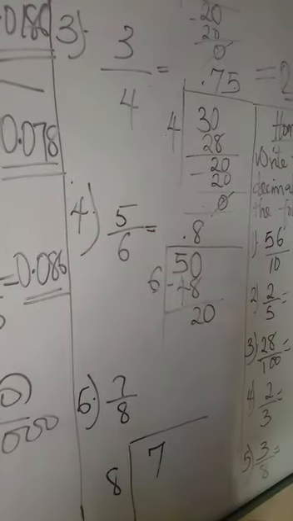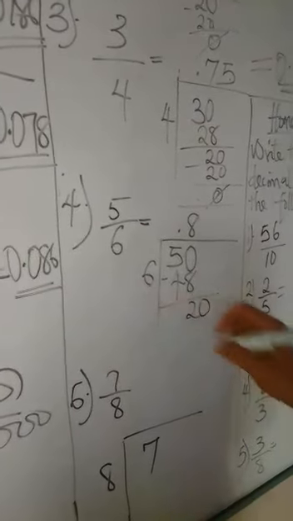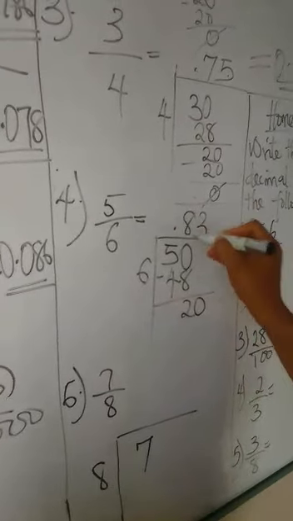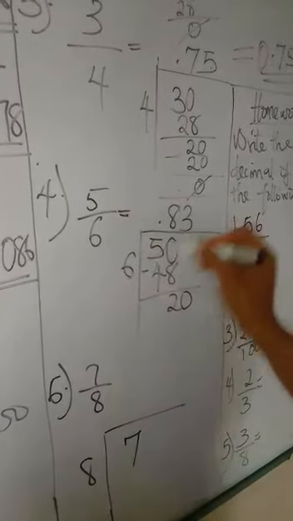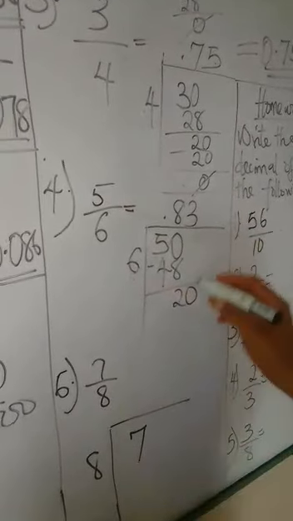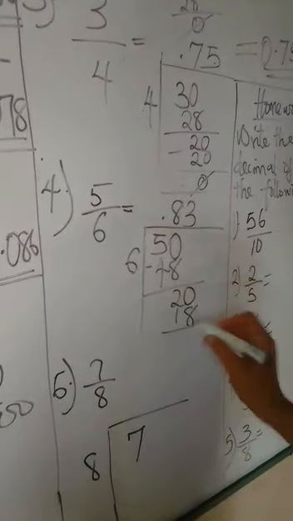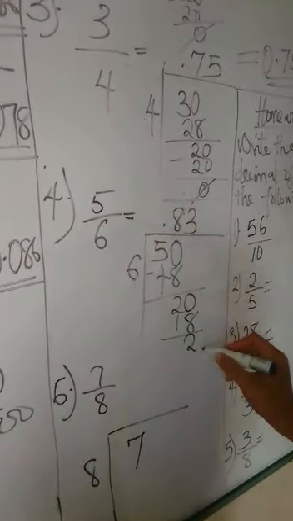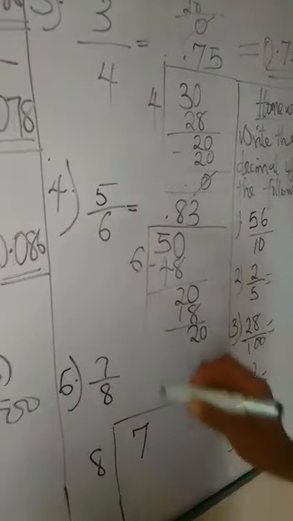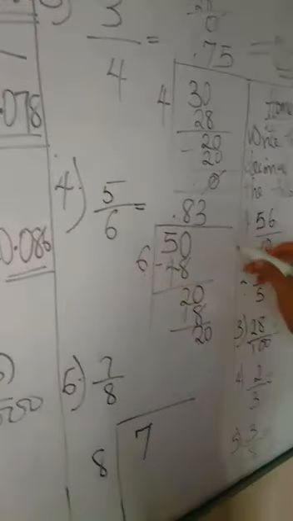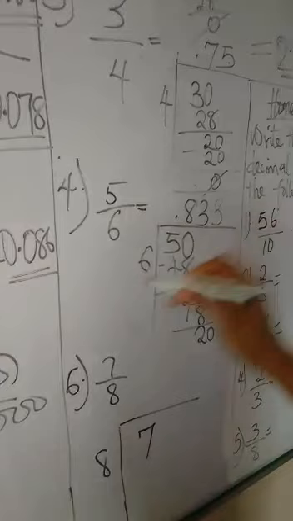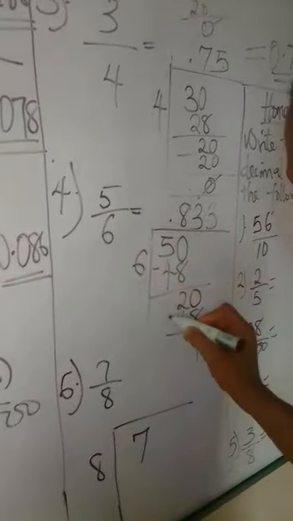6 divides 20 will give me 3 with a remainder. 3 times 6 is what? 18. 20 minus 18, 2. I'll add another 0. 6 divides 20, 3. 3 times 6, 18.